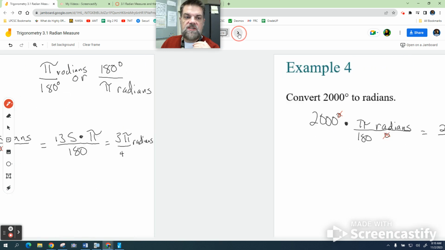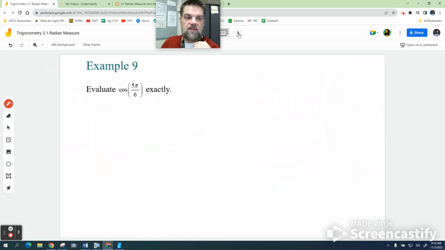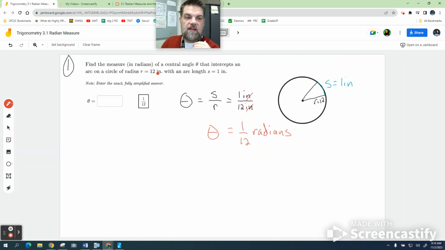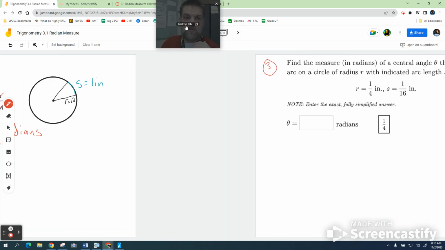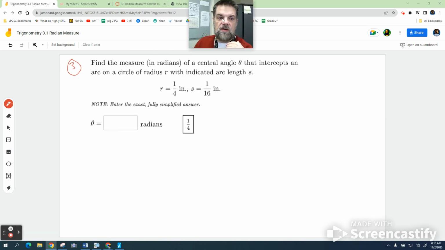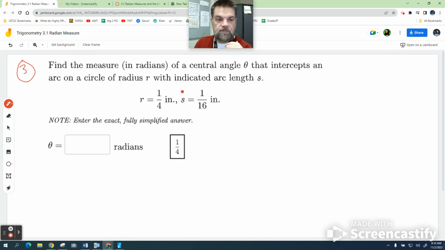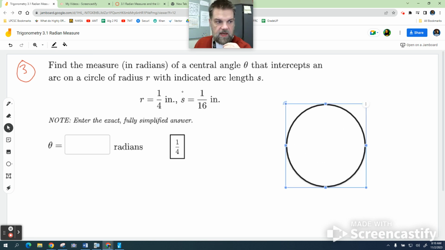So when we just did homework problem number 1, they were in the same unit, inches and inches. So that works. They have to be the same units. Number 3 is also in the same units. So again, I'm going to draw the picture. I got a circle.